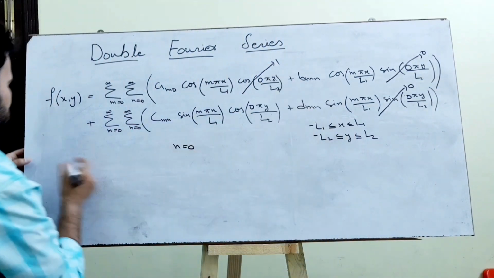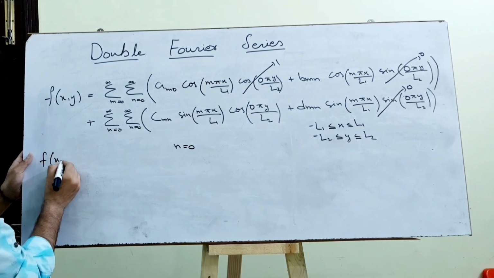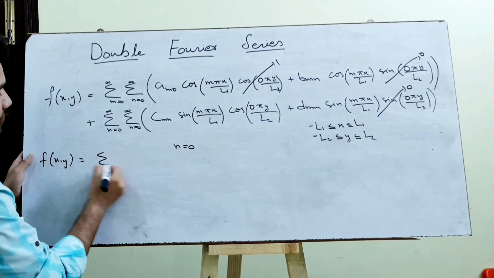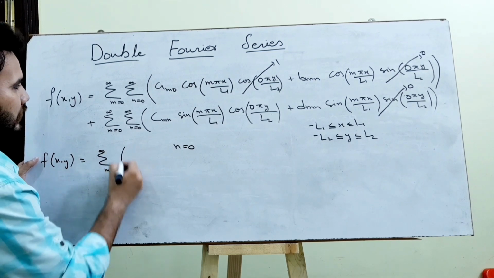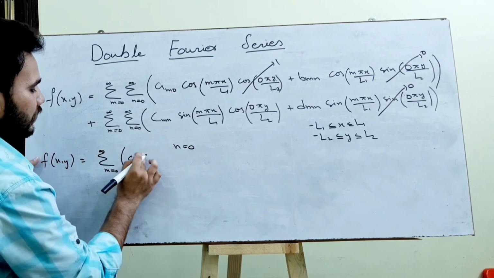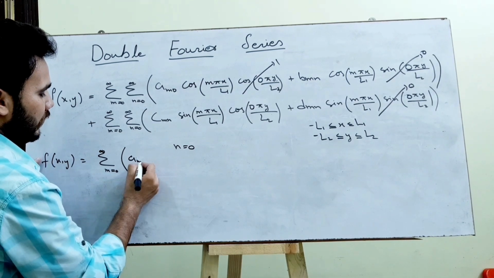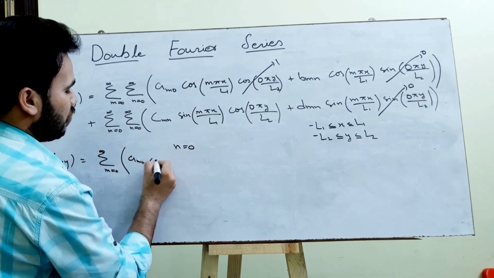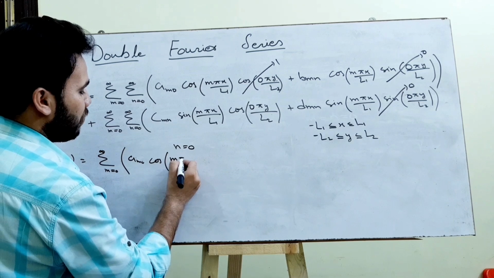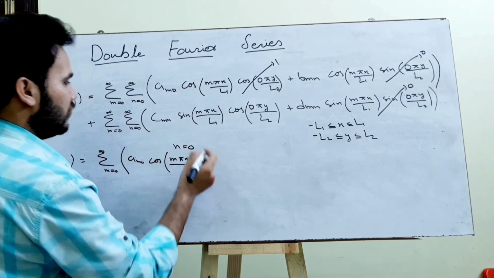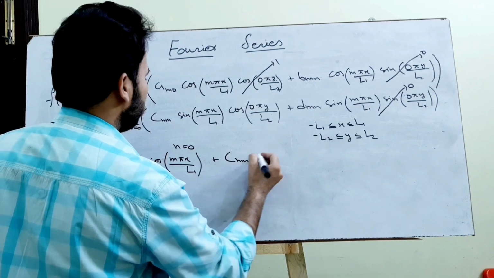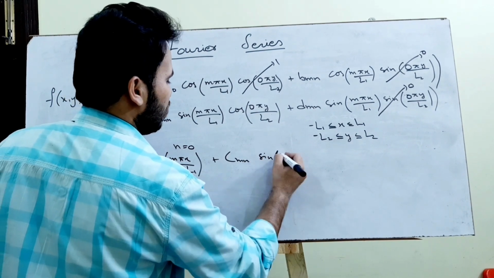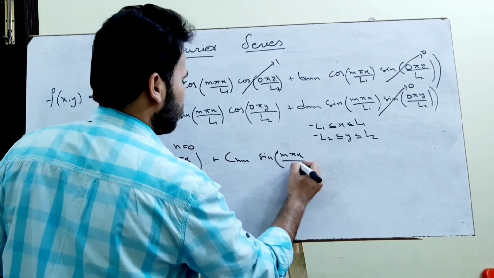What is the remaining part? We have left f(x, y) equals the summation over m from 0 to infinity of a(m0) cosine m pi x over L1 plus c(m0) sine m pi x over L1.